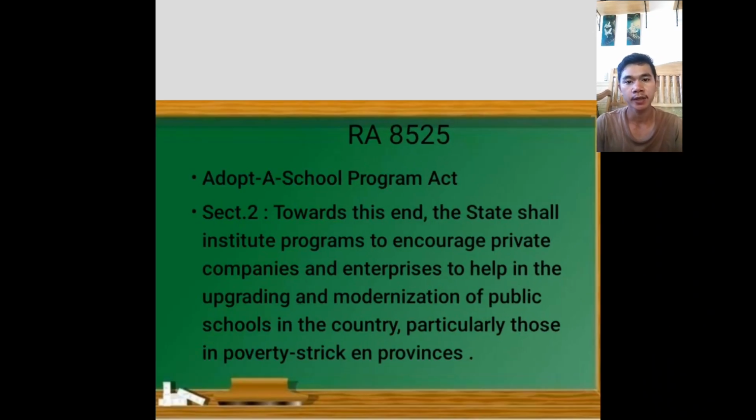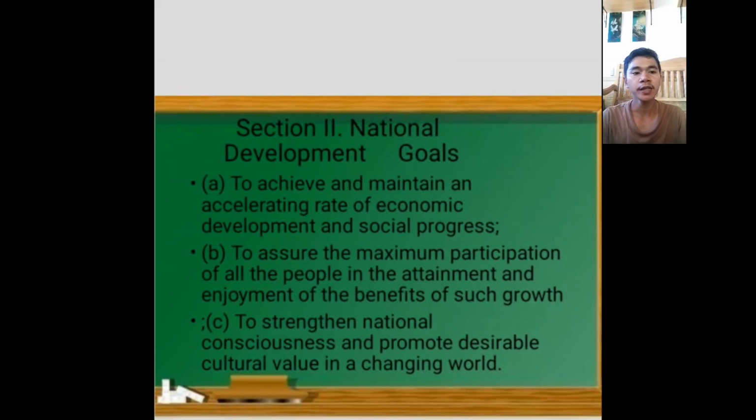In RA 8525, the Adopt-a-School Program Act, Section 2: Towards this end, the state shall institute programs to encourage private companies and enterprises to help in the upgrading and modernization of public schools in the country, particularly those in poverty-stricken provinces. Section 11, National Development Goals.